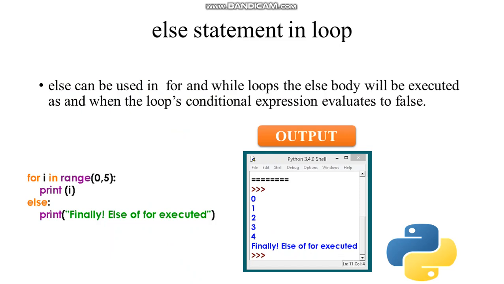After the for loop gets terminated, the else body will get executed. So I'm writing in else, finally else for executed. So after printing 0, 1, 2, 3, 4, my loop will get terminated and the final else clause will get executed.